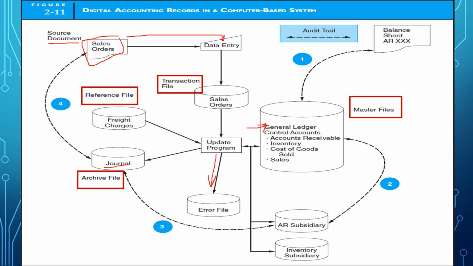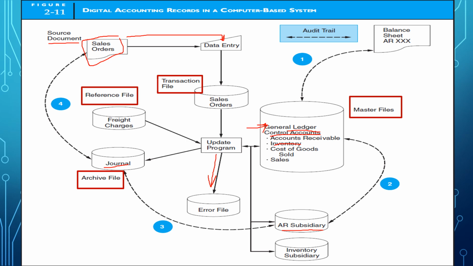And then we can see here, when we update, the system will update at the same time the general ledger, accounts receivable, the inventory, the cost, any transaction-related ledger, and also the subsidiary accounts receivable and inventories subsidiary file.